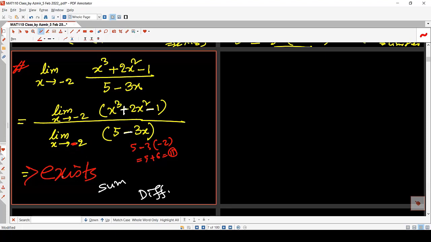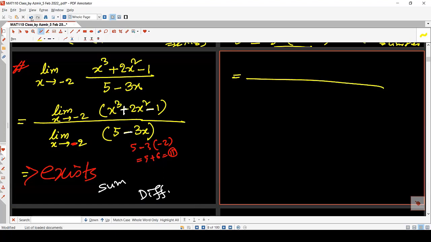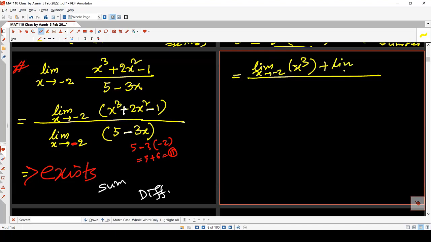Limit will not exist if the denominator becomes 0. So for this case, we are going to have a finite value. Now, I am going to write directly here. If we want, we can also write in this way: limit x tends to -2 of x cubed plus limit x tends to -2 of 2x squared minus limit x tends to -2 of 1.